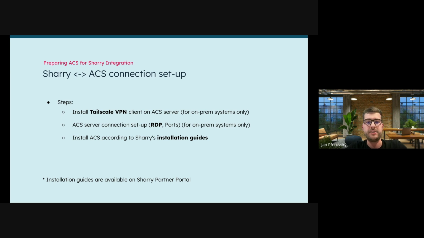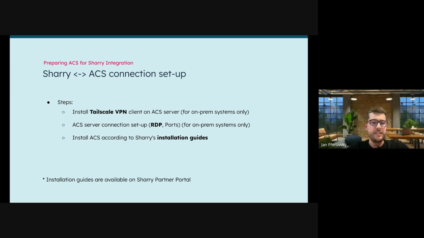And for the client, it's also really beneficial, so they don't need to deal with any complex VPN infrastructure on their side and some really tough firewall configuration. They can just install the VPN client on the ACS server. It automatically connects to our VPN cluster, and that establishes the connection.